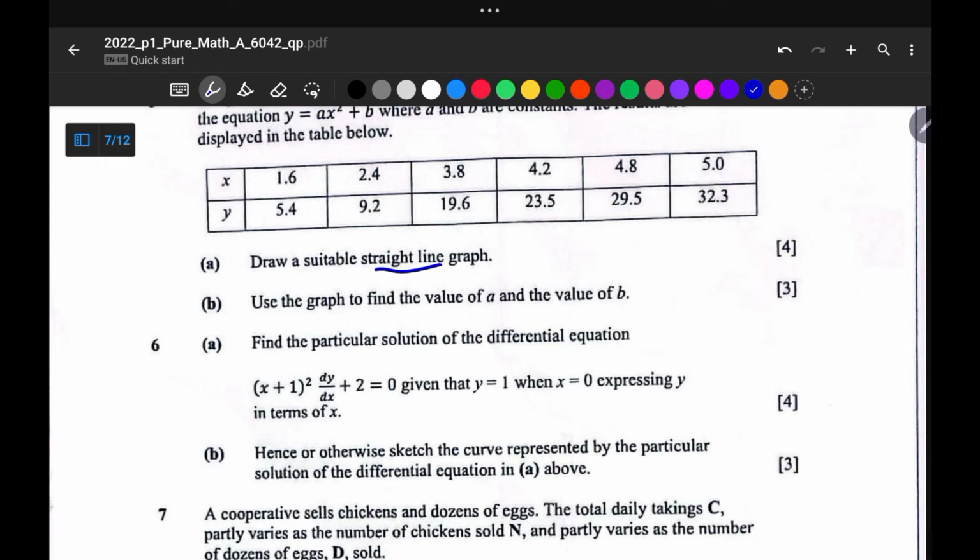Okay, so the first thing we need to do here is to shift this positive 2 to the other side of the equation, and it becomes negative, and then divide both sides by (x plus 1) squared, so that we are left with dy by dx on the left hand side being equal to negative 2 over (x plus 1) squared, and then integrate both sides, and then we can find our particular solution and express y in terms of x.